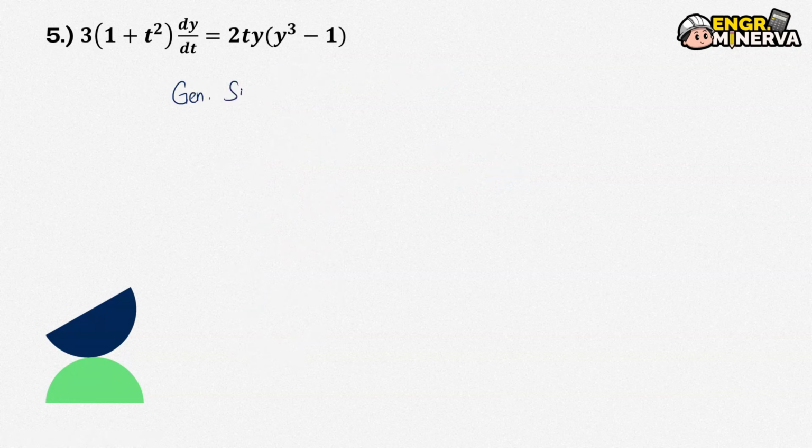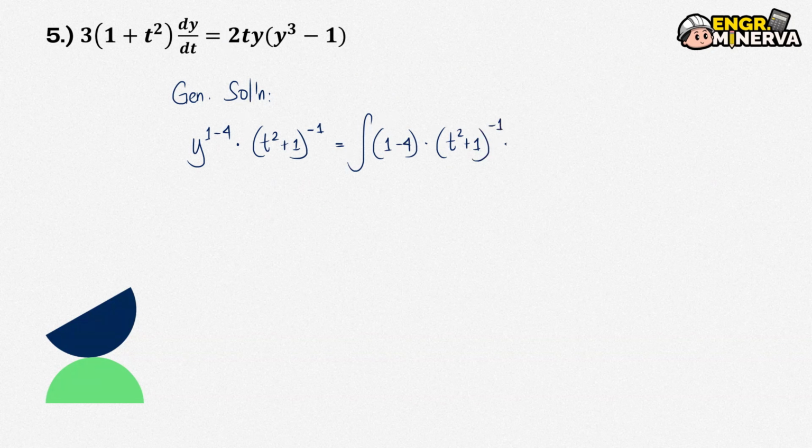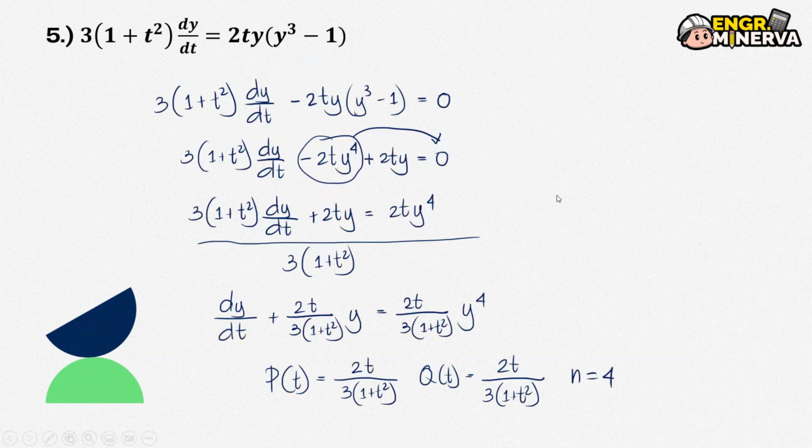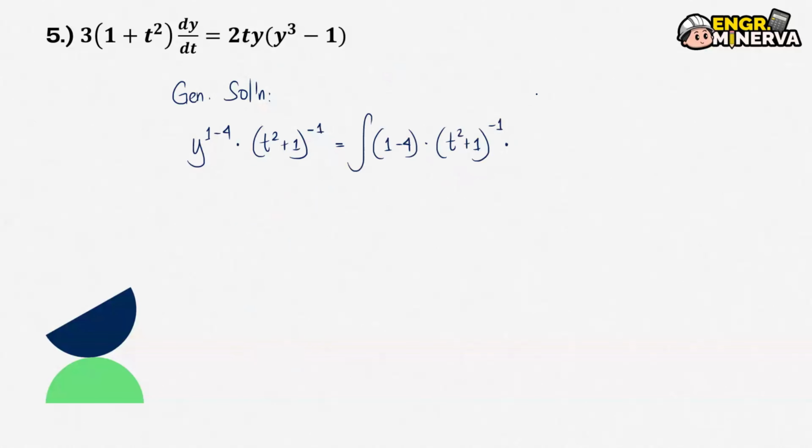Let's put it in our general solution. Y raised to 1 minus n multiplied by our integrating factor, t squared plus 1 raised to negative 1, equals the integral of 1 minus n. Again, multiply it by our integrating factor, t squared plus 1 raised to negative 1, multiplied by our q of t, which is 2t over 3 times 1 plus t squared, dt plus c.